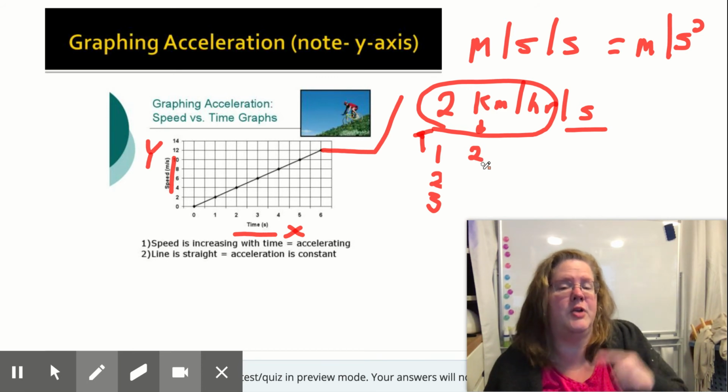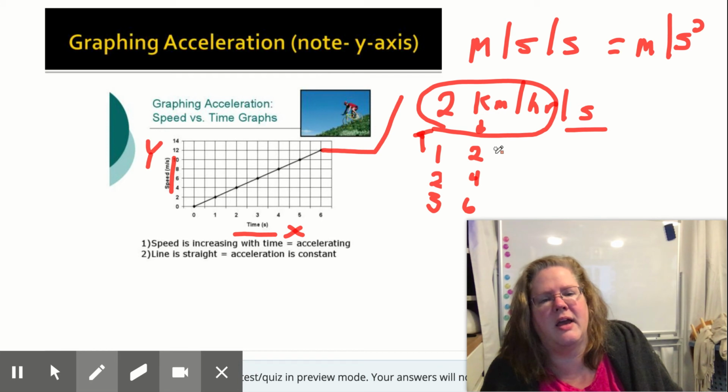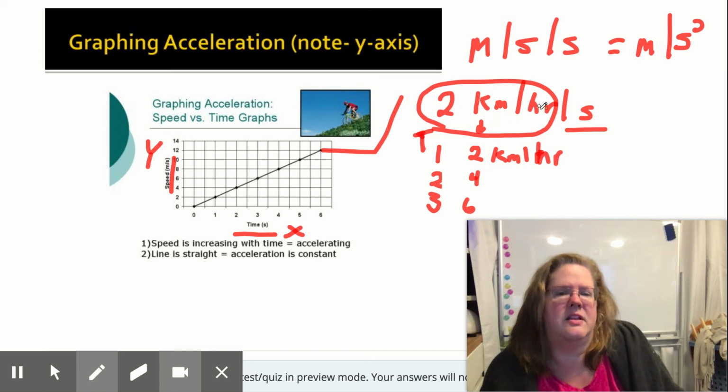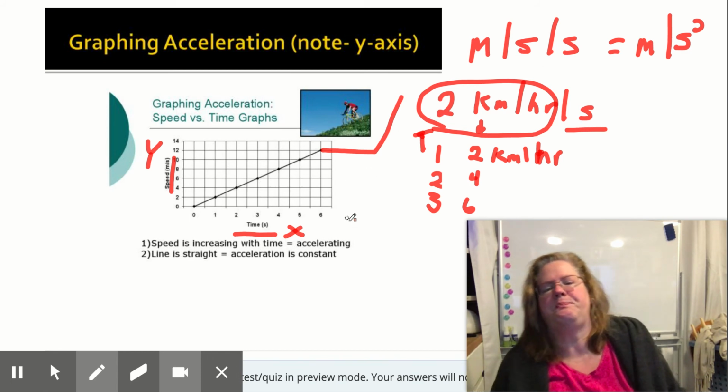Another second later, I'm increasing by another 2 kilometers, so I'd have 4 kilometers per hour. After 3 seconds, it would be 6 kilometers per hour. So this is my kilometers per hour, and that's why it's really important to understand that in acceleration, there's 2 things you're comparing: speed over time, and that's why we have 3 units here.